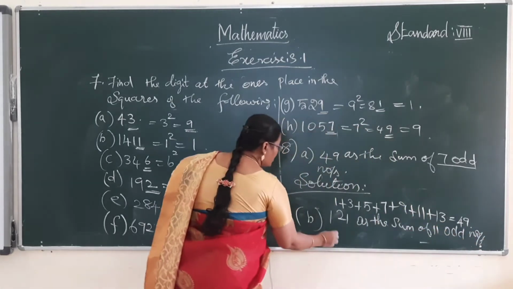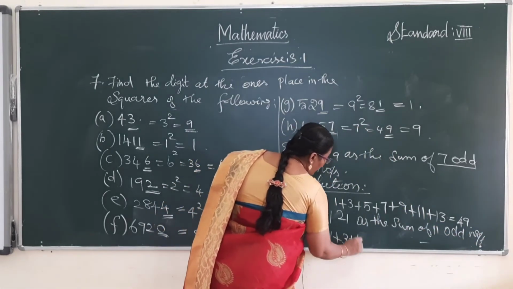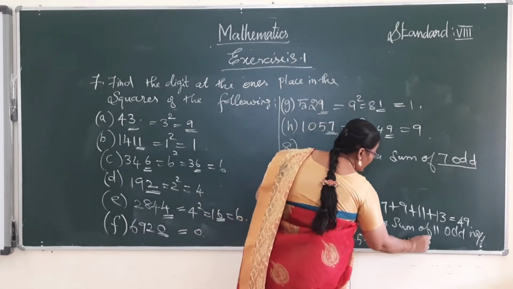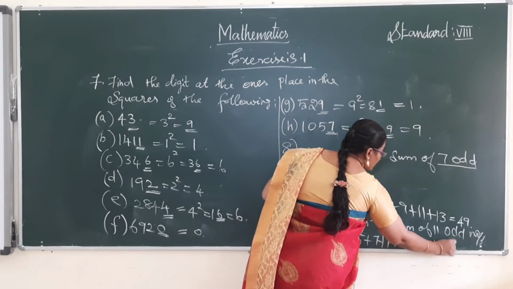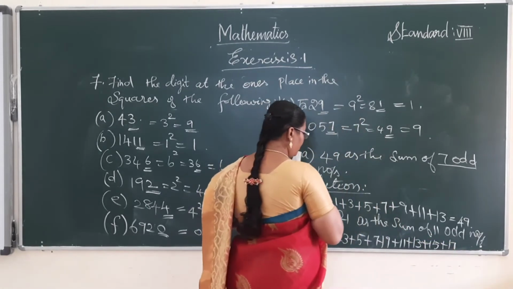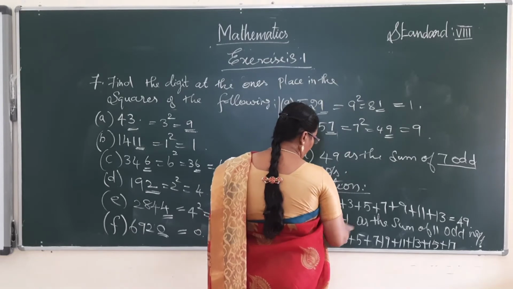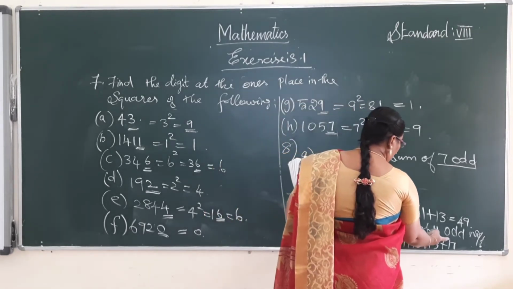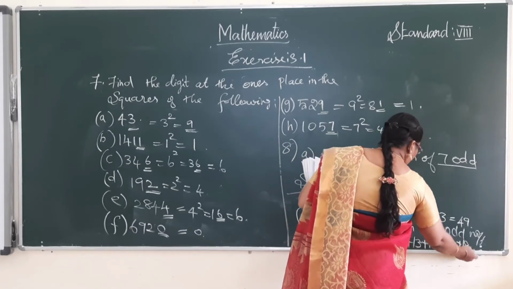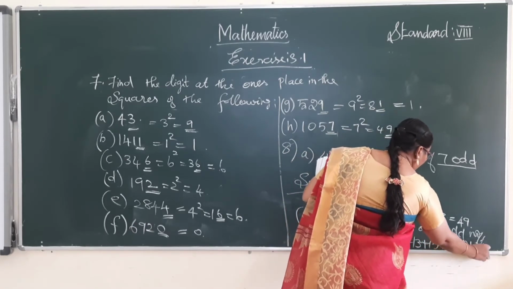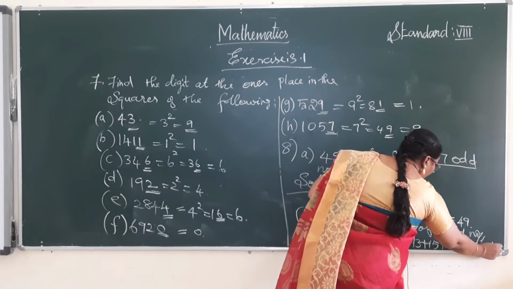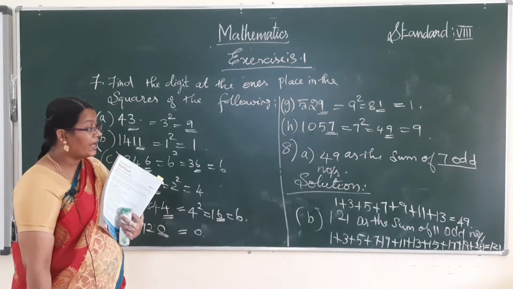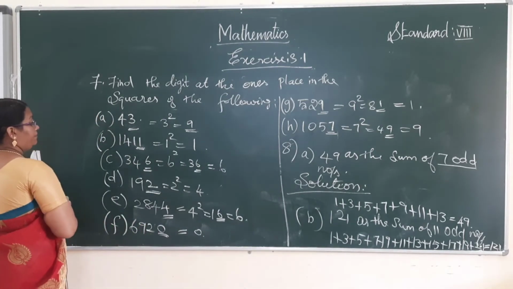So 11 odd numbers, what are they? 1 plus 3 plus 5 plus 7 plus 9 plus 11 plus 13 plus 15 plus 17. 11 odd numbers: 1, 2, 3, 4, 5, 6, 7, 8, 9, 10, 11. We get the value of 121.